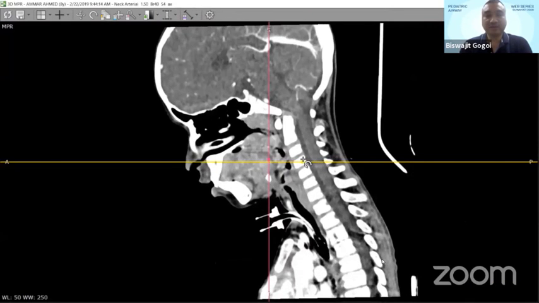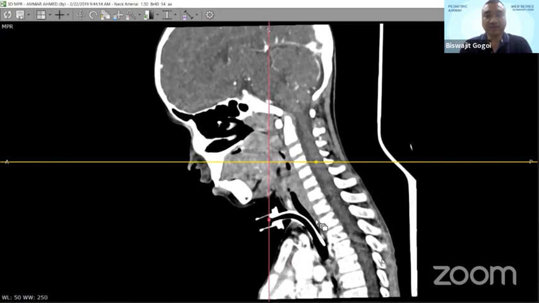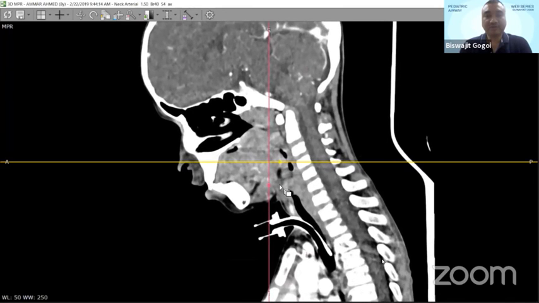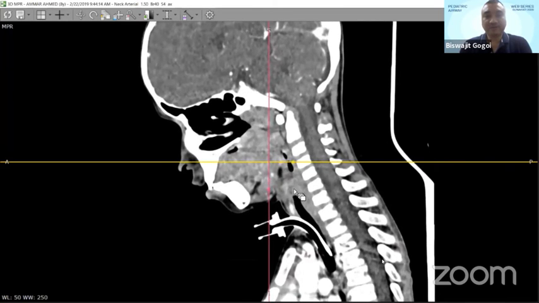You can see the midline of the airway, so we can evaluate it. There's a stenotic segment here. We can also measure how far it is from the tracheostomy site, and also how much is the stenotic segment.